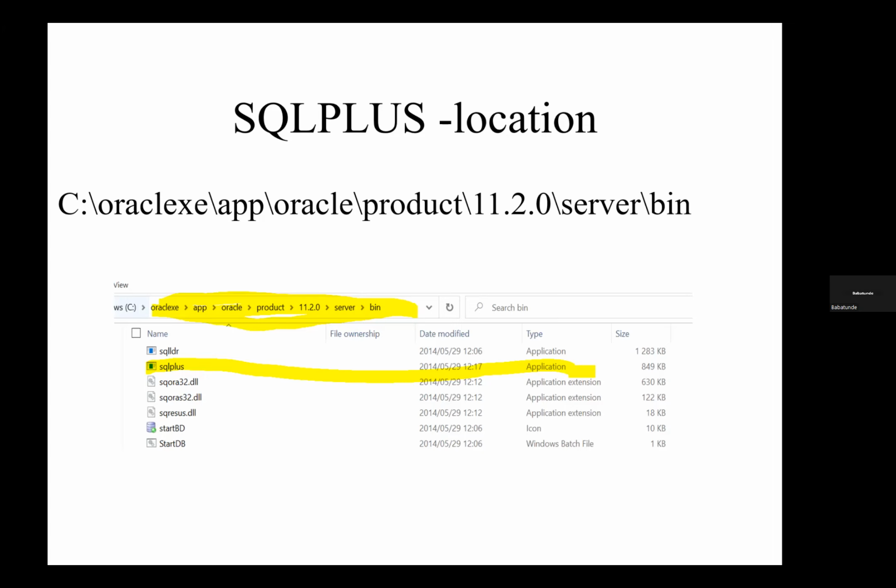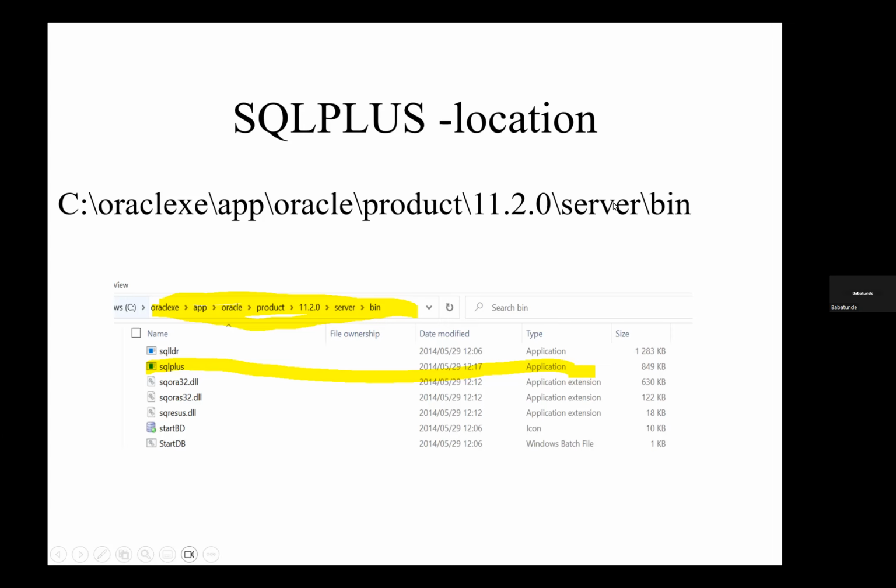For the purpose of this training, if you have installed your Oracle software, please look for Oracle ES. You can see the path that I've displayed on my screen. Look for Oracle ES, the app, Oracle, the product, then 11.2, which means 11g release 2.